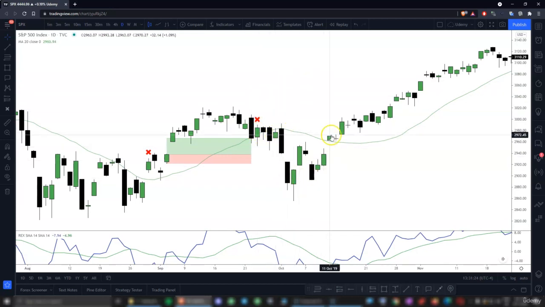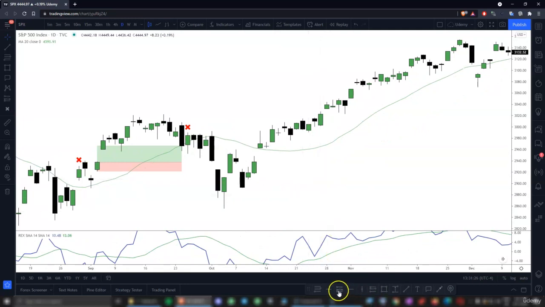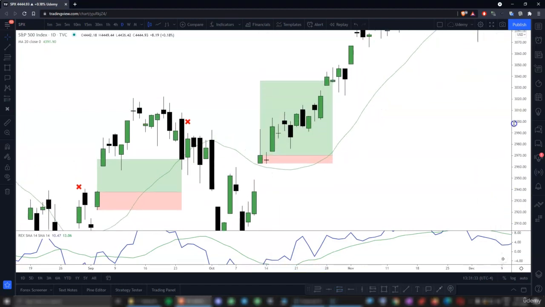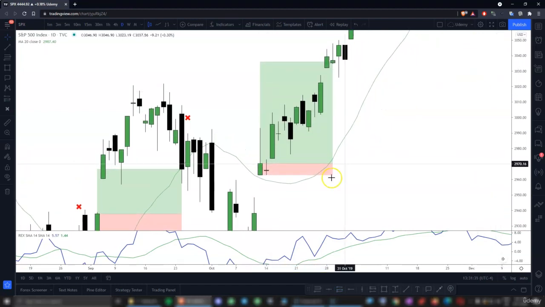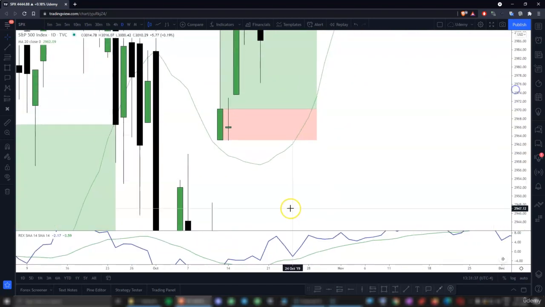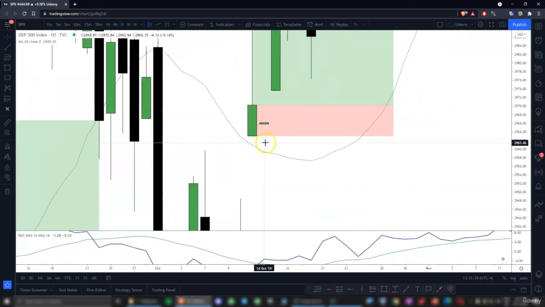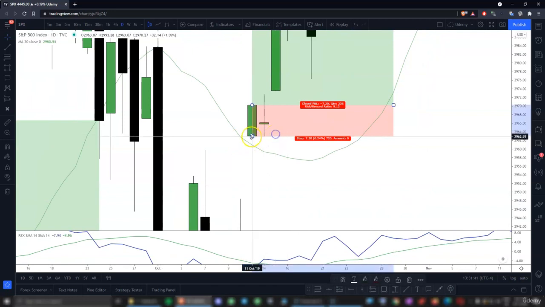Market goes down. Here we have a buy signal. So this is what I was telling you about the points. You see, sometimes it does that.